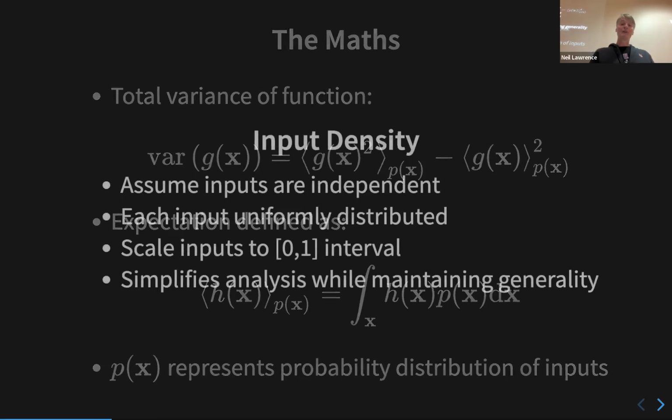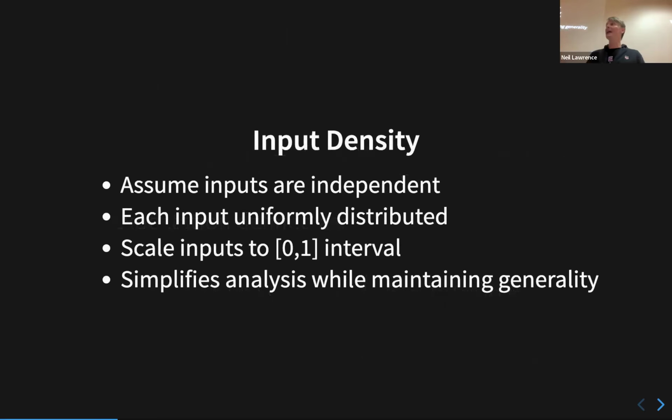Now, what we'll do for the work we're doing here is make a few assumptions which can all be modified in practice. Let's assume that the inputs are independent, that there's no correlation between how we're going to vary them. In practice, that might not be the case. And we'll also assume each input is uniformly distributed, across some interval that we'll just scale to be 0 and 1. We can do that without loss of generality.